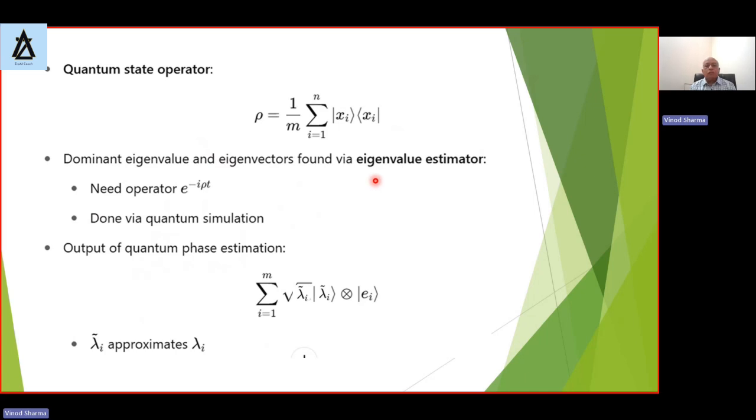Going forward, to use the quantum algorithm from rho, we calculate the operator e raised to minus rho t.